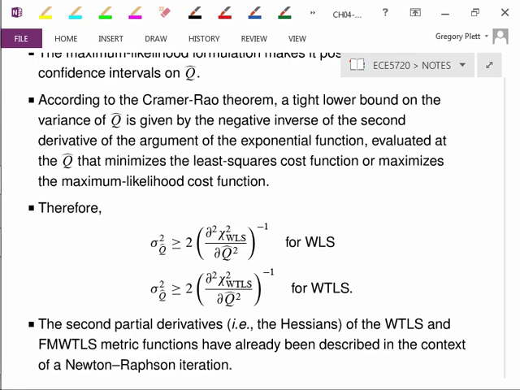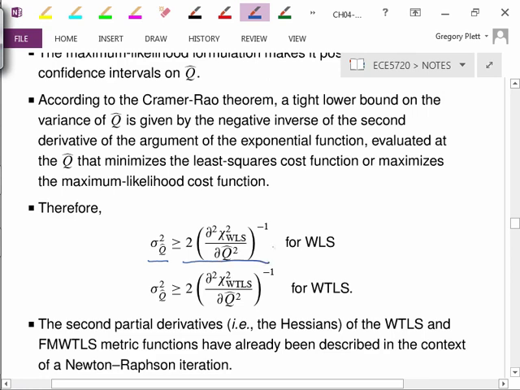So taking the derivative and the inverse and the negative, the negative a half becomes positive 2, and we get that the variance of the estimate for the total least squares solution is at least as big as 2 times the Hessian of that cost function inverse. And the variance of the least squares is, again, at least 2 times the Hessian of that cost function inverse. So again, we see this Hessian thing come up.